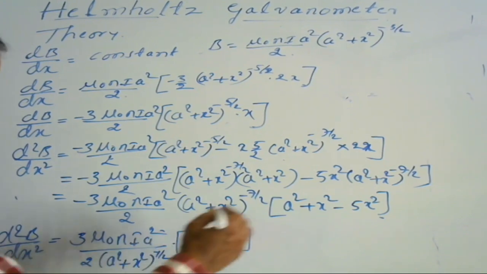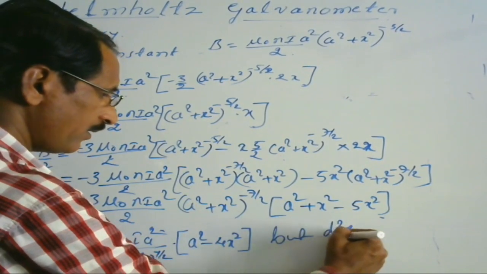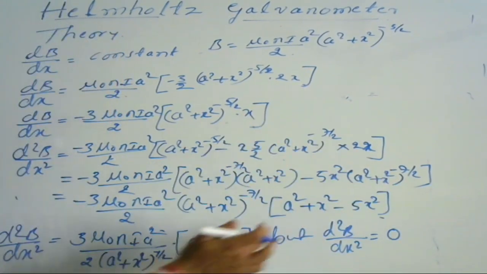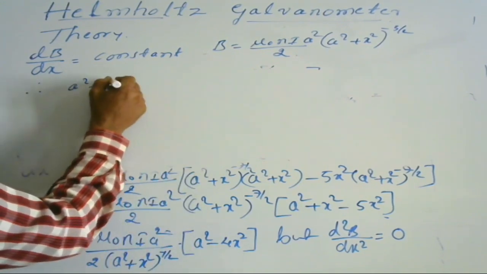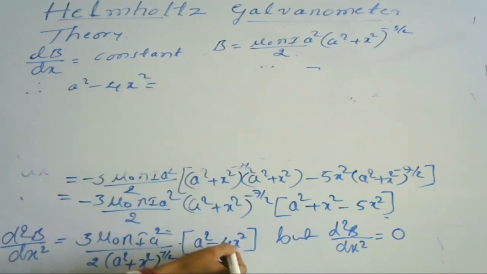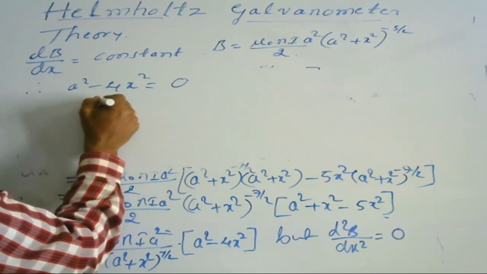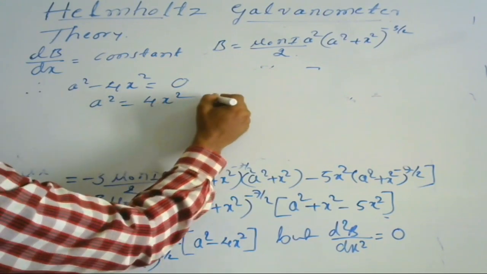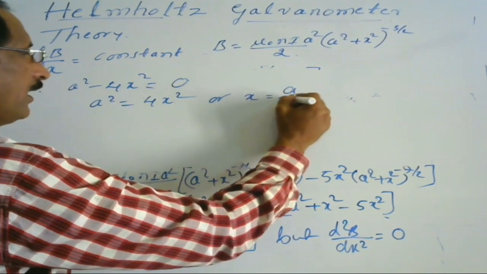But we know that d square B by dx square is equal to 0, because dB by dx is equal to constant. Therefore, A square minus 4x square is equal to 0, or A square is equal to 4x square, or x can be written as A by 2.